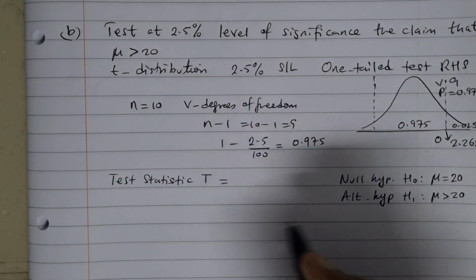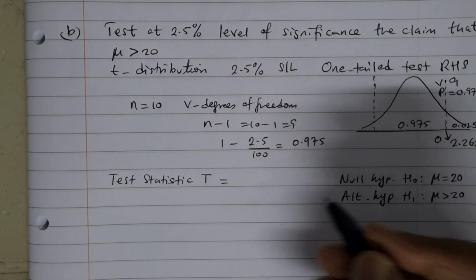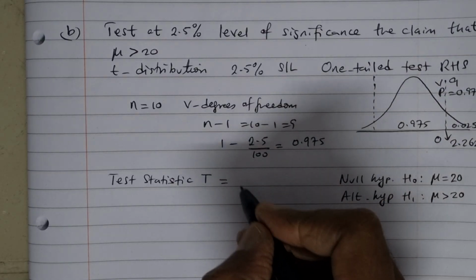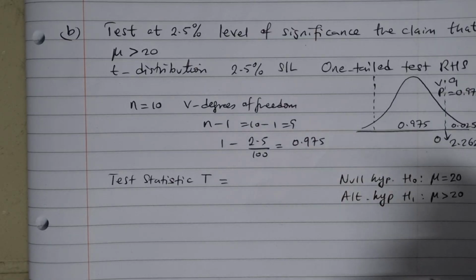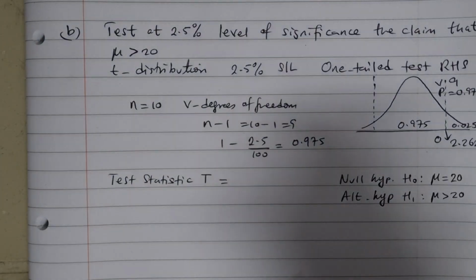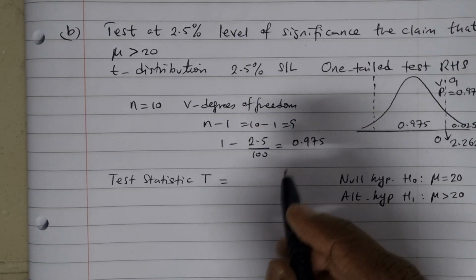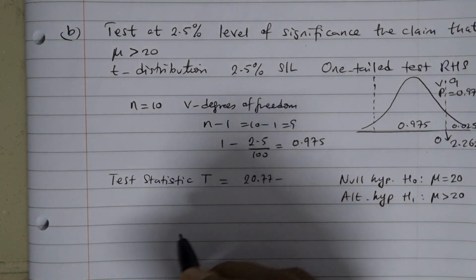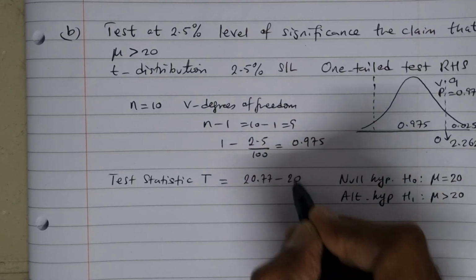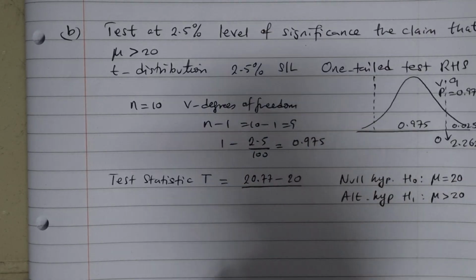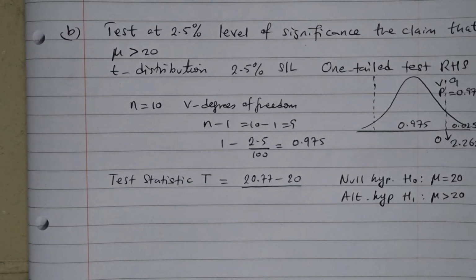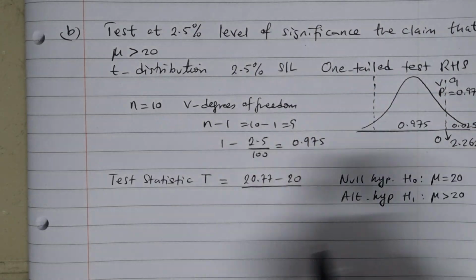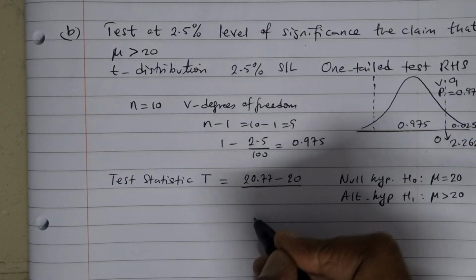And so for the test statistic, it's practically the same as the normal distribution, the Z distribution. So over here, I've got the sample mean, which was calculated in part A of the question as 20.77, minus the population mean 20, divided by, well, we don't know the standard deviation, but we did calculate the unbiased estimate of the variance, which was 5.266.